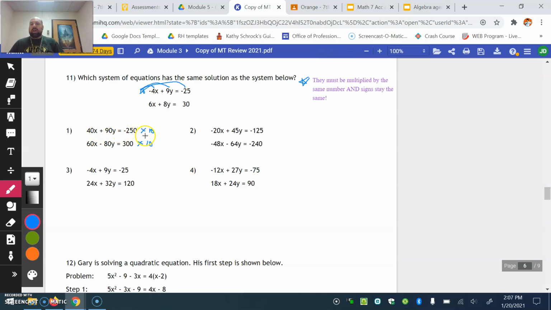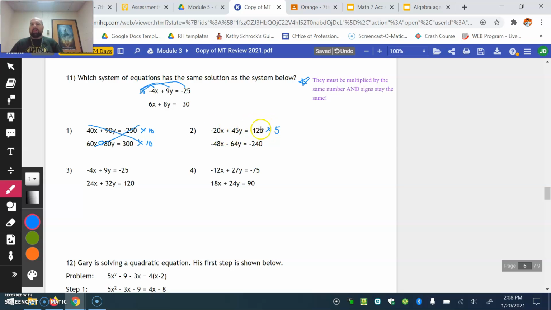So even though I multiplied both of them by 10, if I follow that through in the second equation, it's all good. 60, 80, although that is an incorrect sign in between them as well. So this does not work because even though I was using 10, it didn't keep the signs the same, okay? There's no negative in between the 6x and the 8y. For number 2, I'm going to multiply this by 5 to get the negative 20x and the 45y and the negative 125.